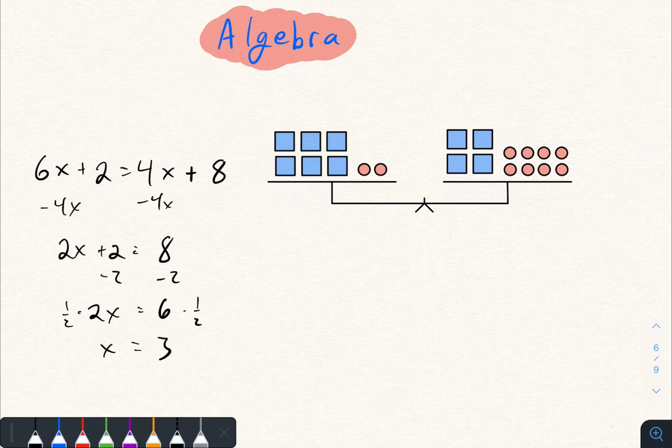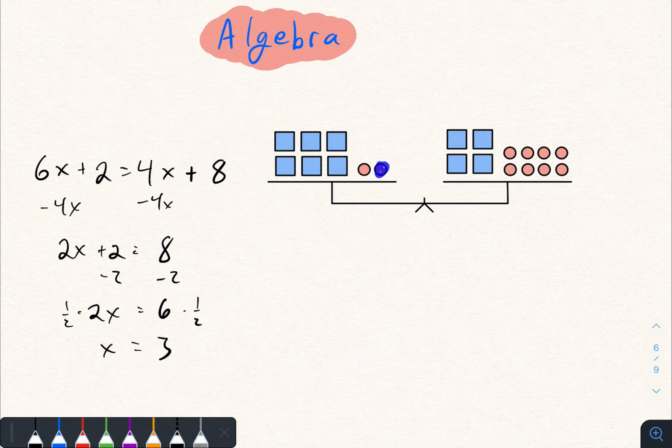All right, so why do we do these steps? How can we visualize these steps? How do we model it? So here's a model for the equation 6x plus 2 equals 4x plus 8. Here we have a scale. The scale is balanced right now because these two sides are equal.